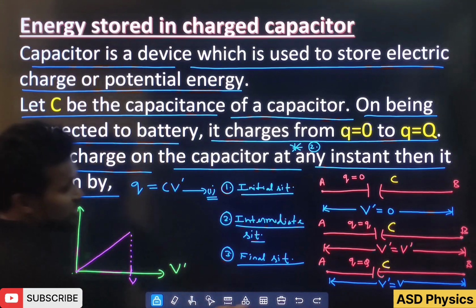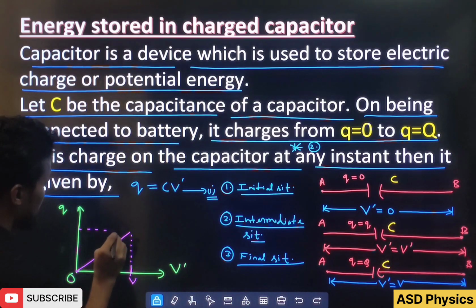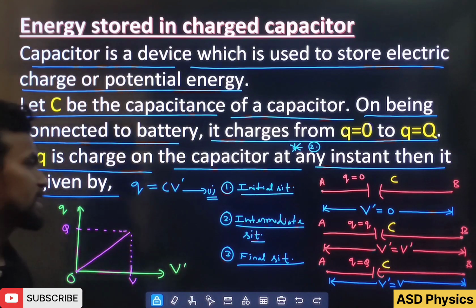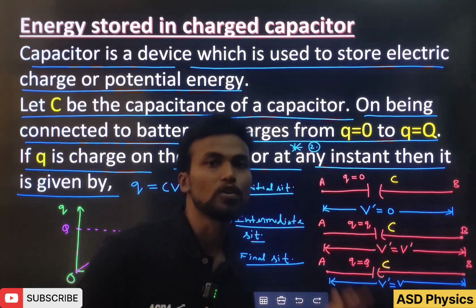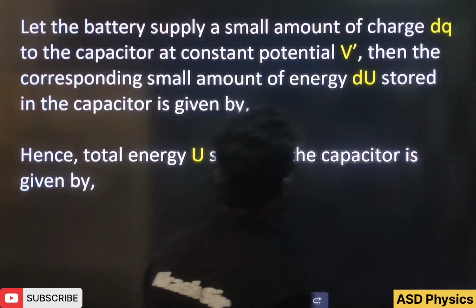And when the potential is V, the charge is capital Q. So you can see very well here, students, the potential and the charge on the capacitor keep on changing. We can see that by the QV dash graph also. Q is the instantaneous charge, V dash is the instantaneous potential, which keep on changing. Great. Now students, let's go to the next one.